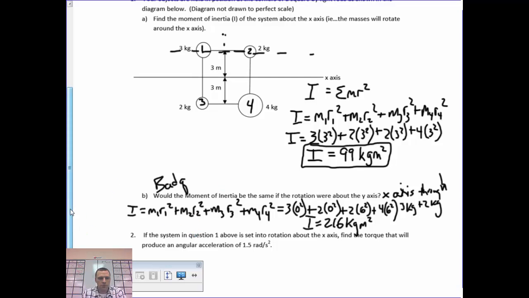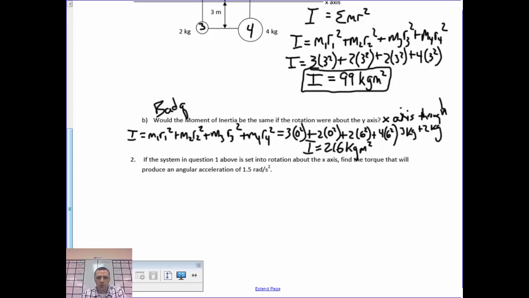Let's go to question 2. If the system in question 1 is set in rotation about the x-axis, the original, find the torque that will produce an angular acceleration of 1.5 radians per second squared. Well, Newton's second law of rotation is torque equals I alpha, and it's already solved for torque.